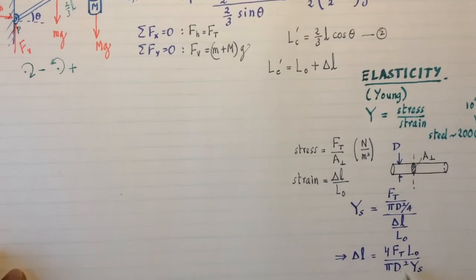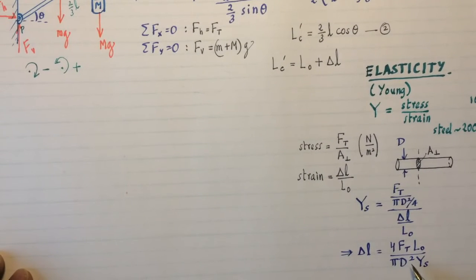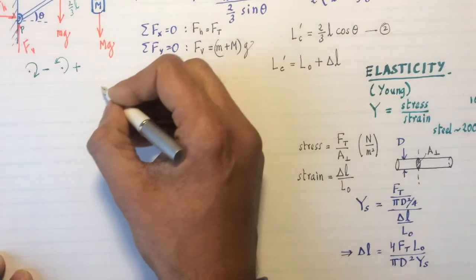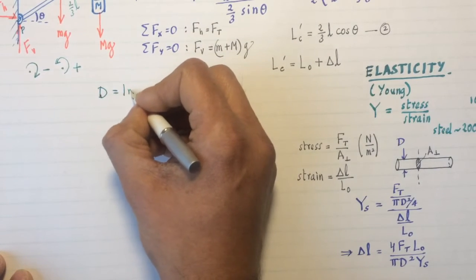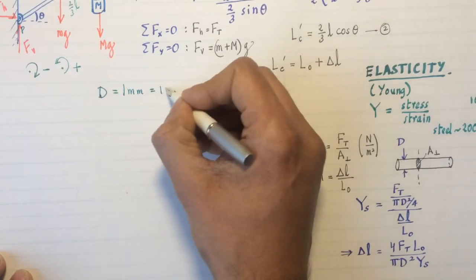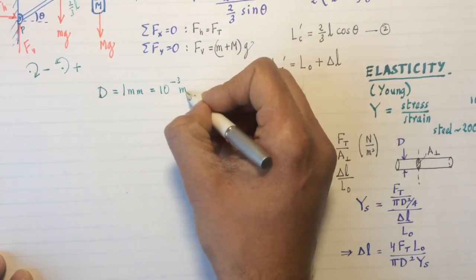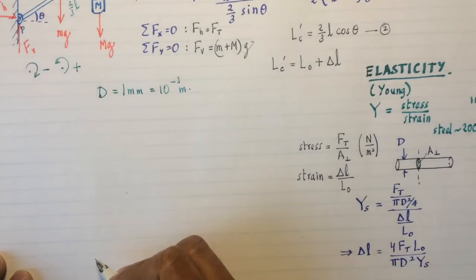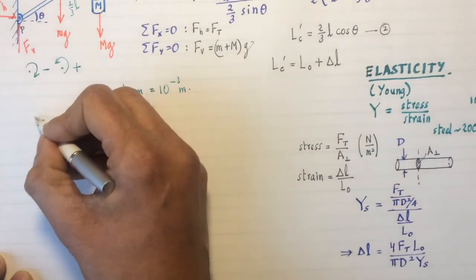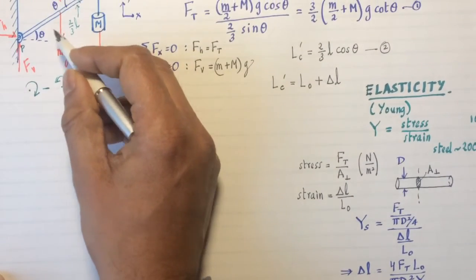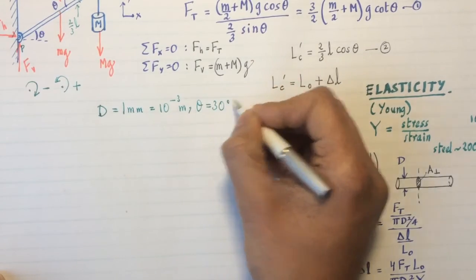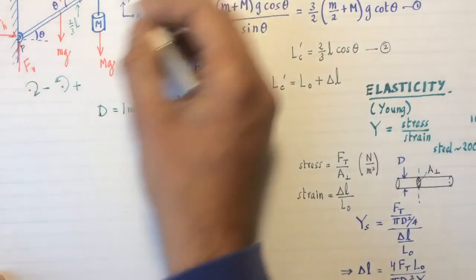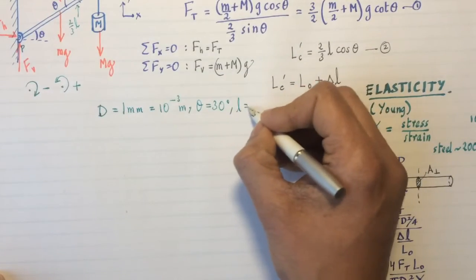To do that, we need to make an assumption about how thick the cable is. Let me take the diameter of the cable to be 1 millimeter, which is 10 to the minus 3 meters. And let's try to evaluate a few things here first. That angle theta looks almost like 30 degrees, so I'll take that also to be the case. And I've not told you the total length L. Let me take that to be 1 meter.